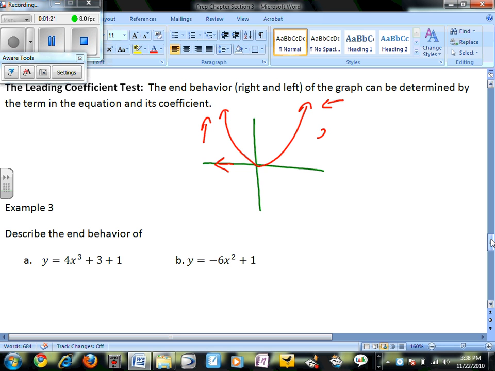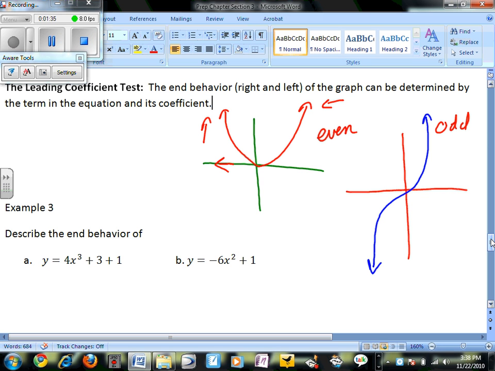So that's any even polynomial, and any odd polynomial is going to look like the disco dancer, if you remember your parent graphs. So it'll look like a disco dancer like this. When we're talking about end behavior, we're worried about what y is doing as x is approaching negative infinity, and as x approaches positive infinity.